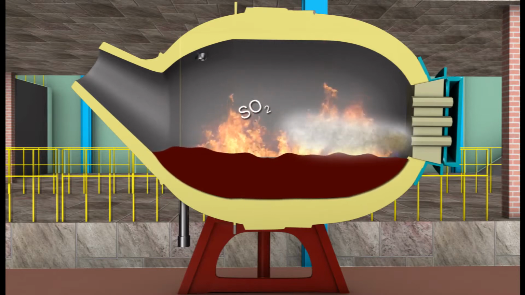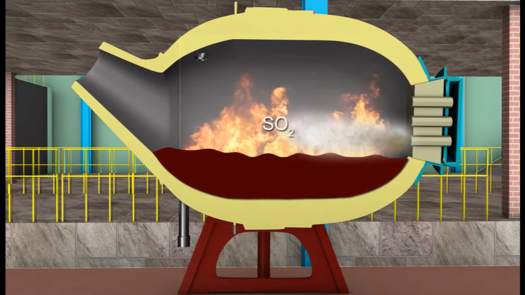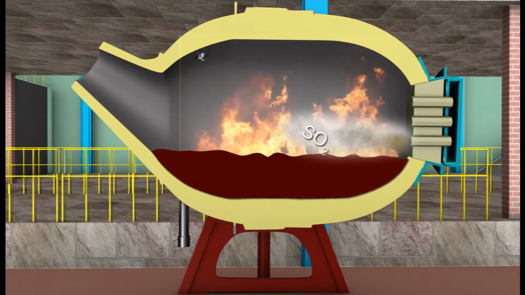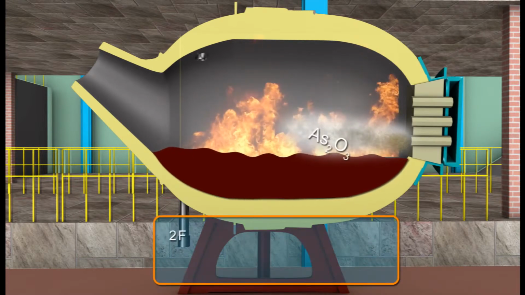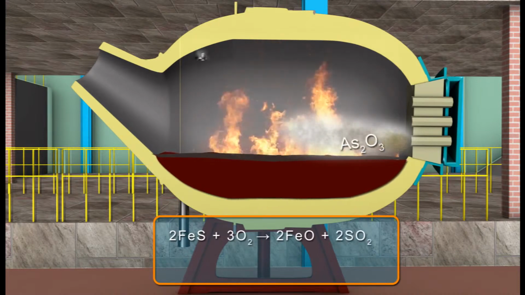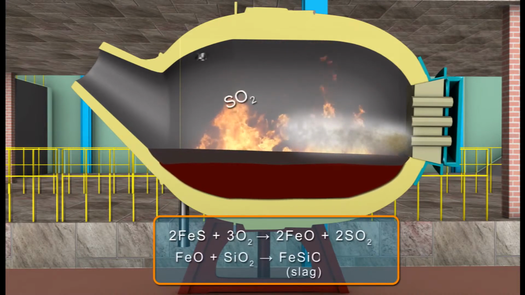If any of the sulfur, arsenic, and antimony are still present, they escape as their respective oxides. Then ferrous sulfide is oxidized to ferrous oxide and combines with silica to form ferrous silicate as slag.